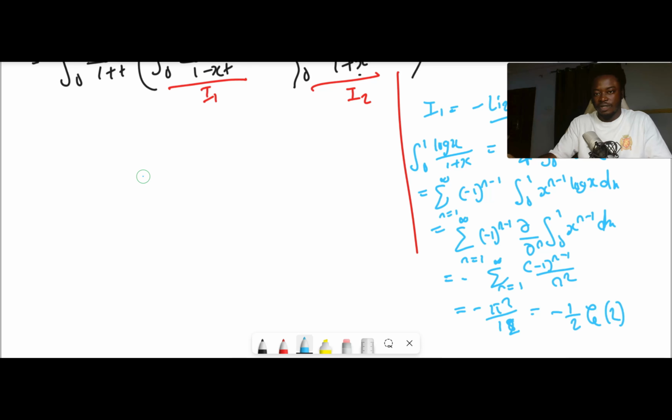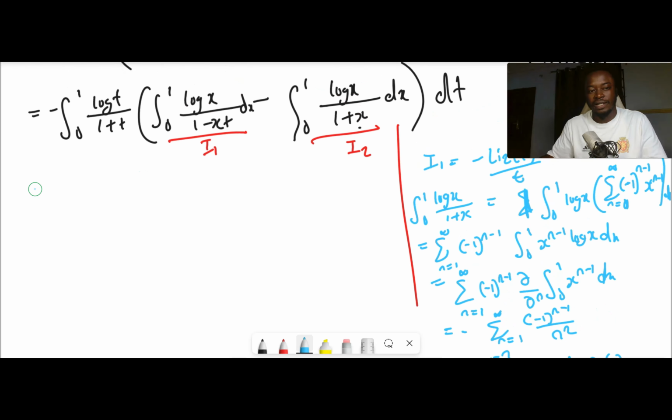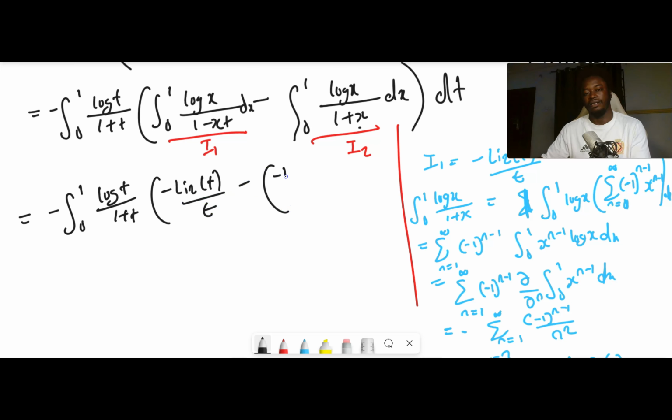So now we have I1 and I2, so we could write this as equal to the negative integral from 0 to 1 of log t divided by 1 plus t. Then for I1 you have negative dilogarithm of t over t. Then for I2 you have negative times negative 1 over 2 zeta of 2, and all of them would be dt.